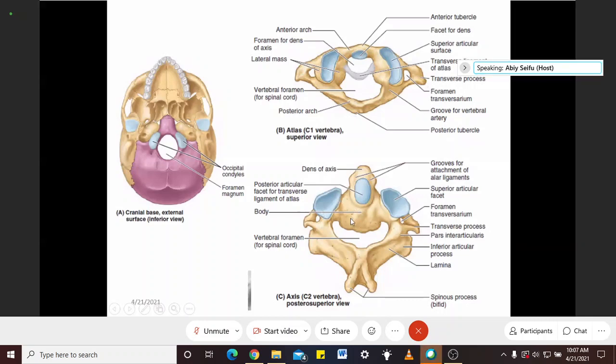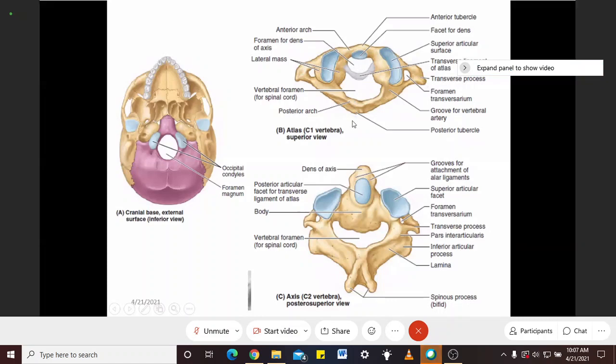The C2 has the odontoid process. This odontoid process of C2 articulates with the ring-like appearance, which is completed by the transverse ligament. So the odontoid process is inserted through this ring. This is the facet that receives the odontoid process.